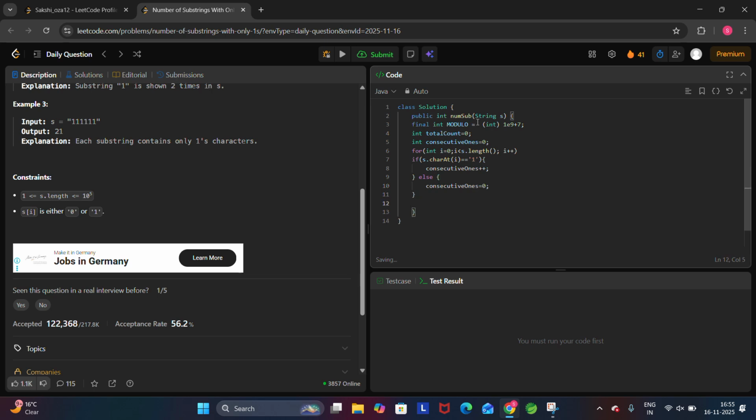After that, we are going to add the current consecutive count to the total, which represents all the substrings of ones ending at position i.